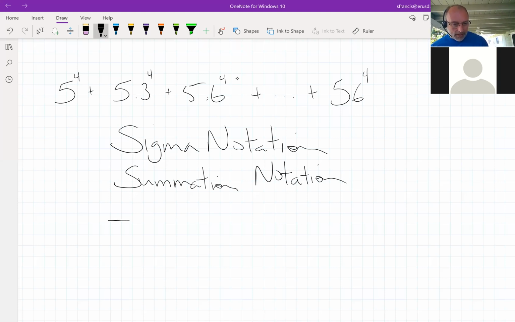So if you see either of those phrases, they mean the same thing. And the sigma part comes from the fact that we use the Greek letter sigma, the capital Greek letter sigma, which kind of looks like an E, but it's not. It's the capital Greek letter sigma. And in mathematics, when you see a sigma, it represents a sum, meaning we're going to add a bunch of things together.